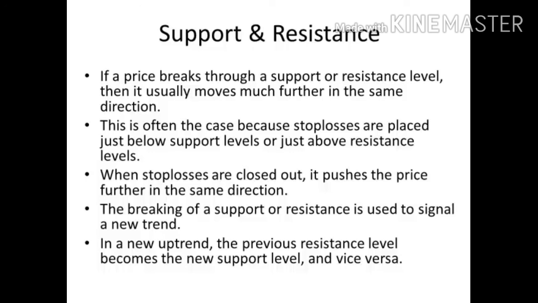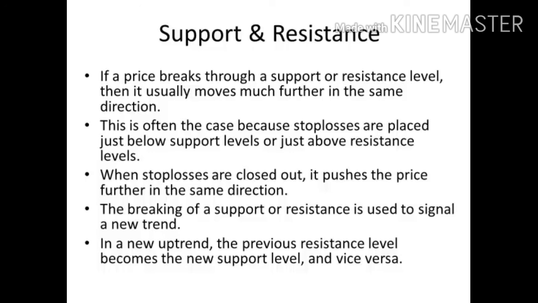And let's think about an example of how this might work. So let's say, for example, you have a bunch of investors who have taken a long position in the asset and placed their stop loss just below a support level.